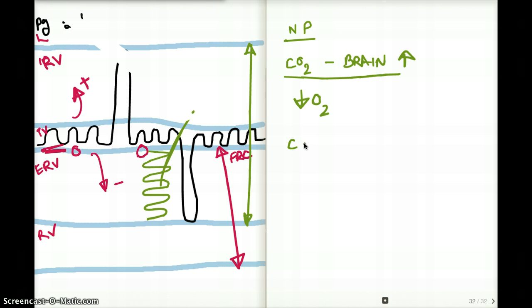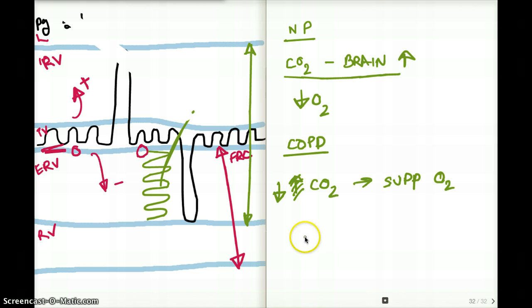Now, what happens in a patient with an extreme COPD case? What happens in an extreme COPD case is that they are so used to the high level of carbon dioxide that if you give them supplemental oxygen, okay, if you give them supplemental oxygen, what's going to happen? Their carbon dioxide level is going to drop, right?